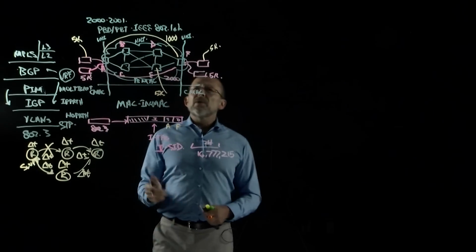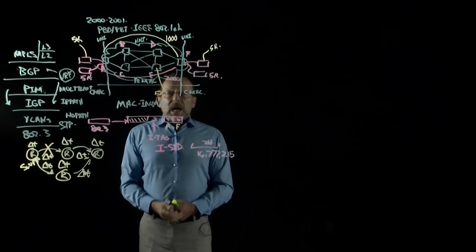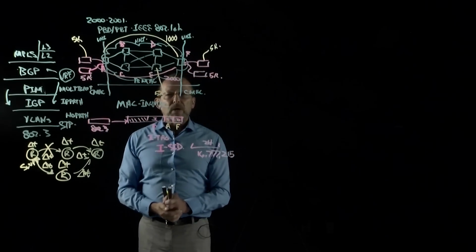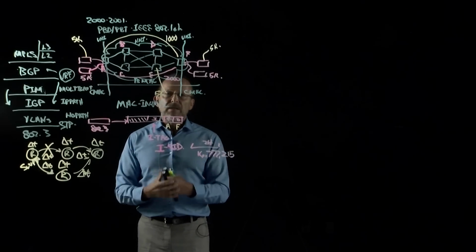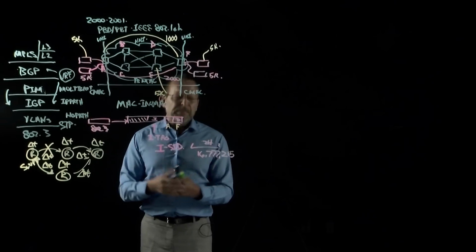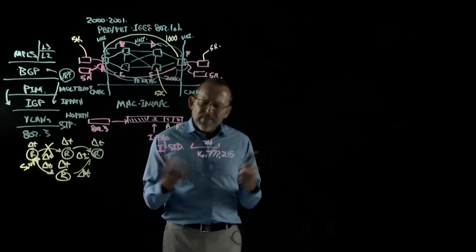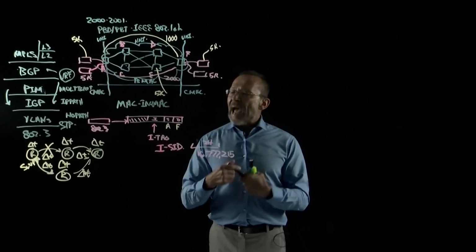I have three points of presence. How do I service ARP? How do I handle MAC learning? How do I handle multicast activity? Well, this actually took a bit of time for us to think about. In around 2004, we came up with an answer for that.